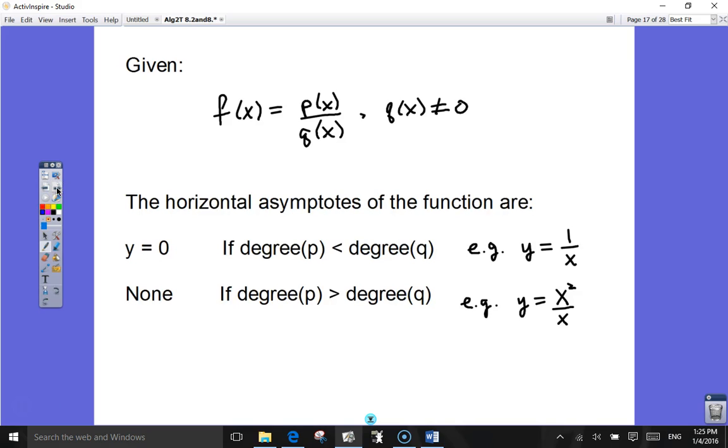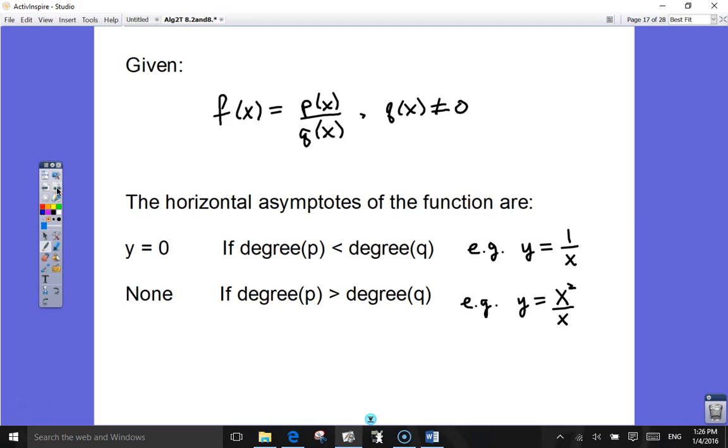And then horizontal asymptotes, there are 3 rules. The 3 rules, of which there are only 2 on this slide, are based on the degree of the numerator and the degree of the denominator. What do we mean by the degree of a polynomial? Got to know this word. The degree means the highest power of x.